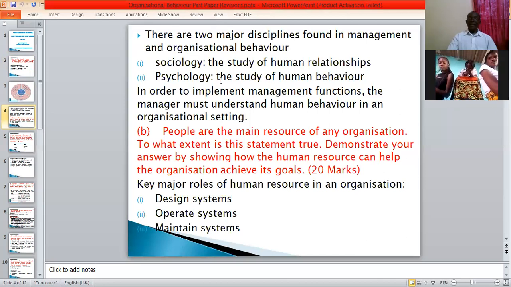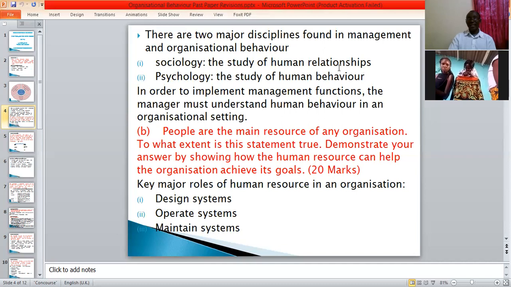So this is just what I was talking about. There are two major disciplines found in management and in organization behavior. Sociology, the study of human relationships, and psychology, the study of human behavior. So you as a manager who is studying management theory and practice, you must understand human relationships and you must understand human behavior.